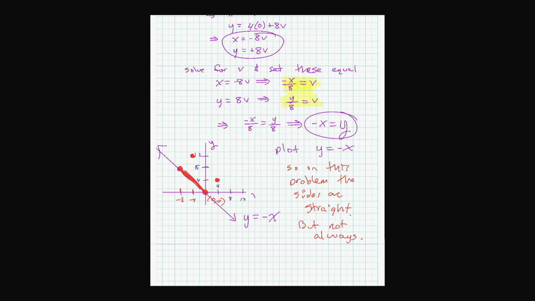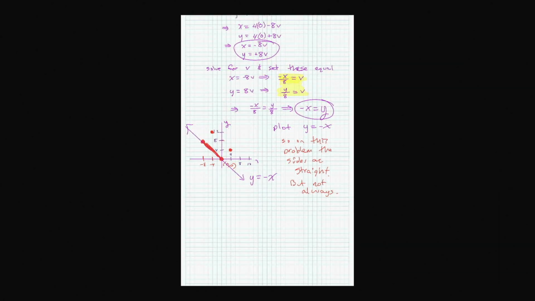Okay. Now, again, this was completely unnecessary to do. You did not need to actually figure out that this side was going to be a straight line. You definitely don't need to figure out that this is a straight line and this is a straight line and this is a straight line. But if you wanted to, feel free to do this process for all of the other sides and you could figure that out.